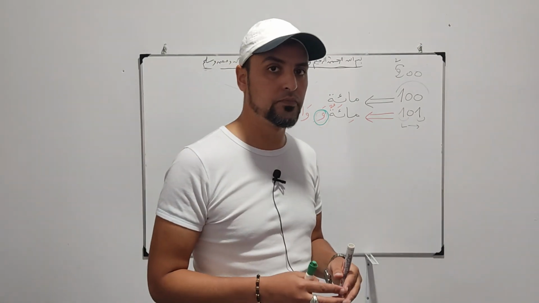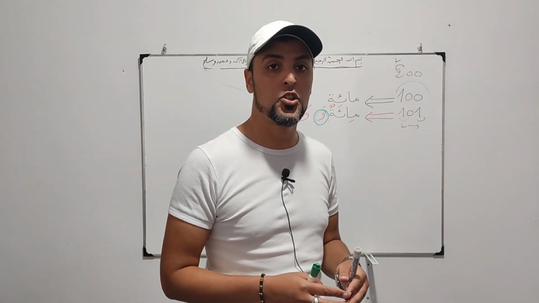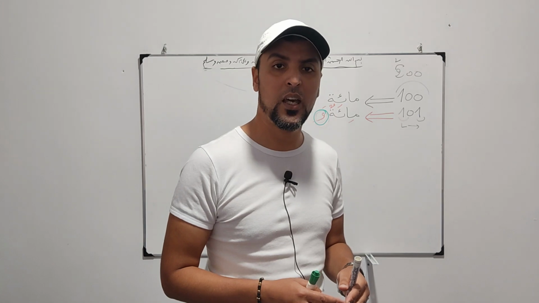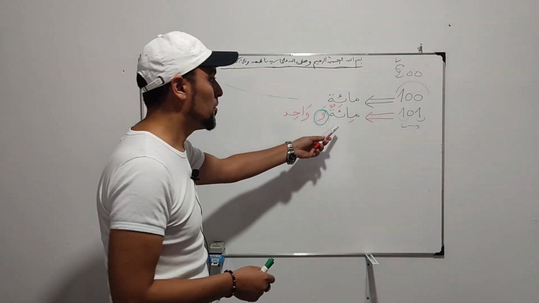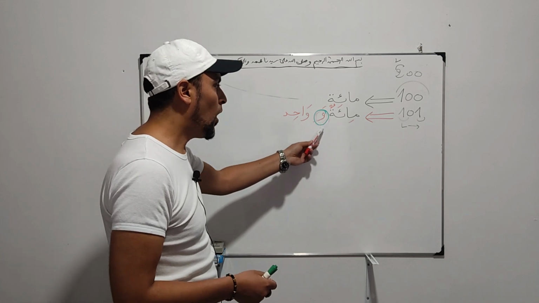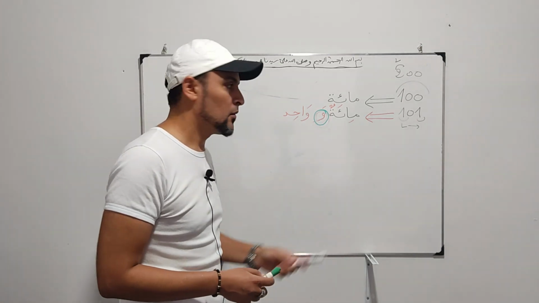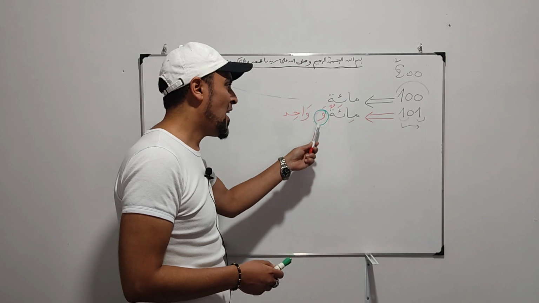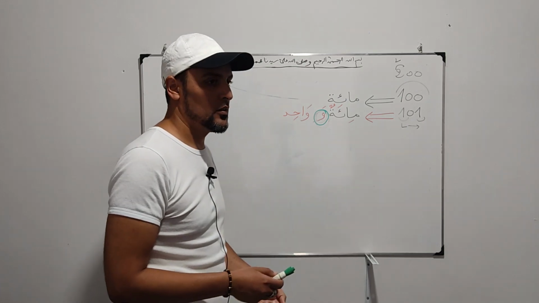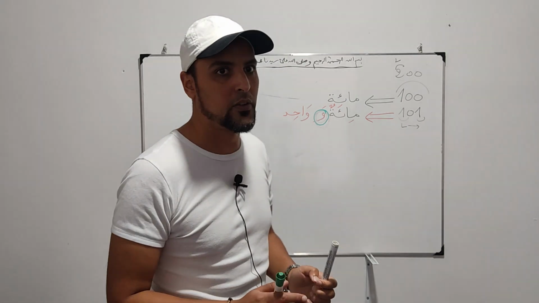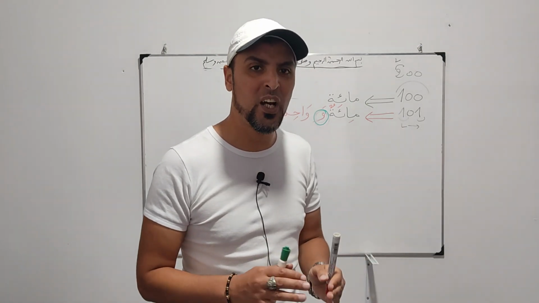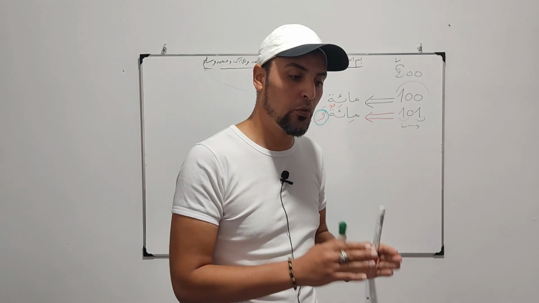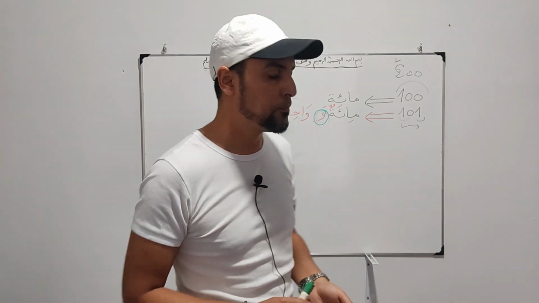This is the same in English, und in German, and in French. So مئة وواحد, 101. It's like that, like 102, 103. You cannot skip it in Arabic.